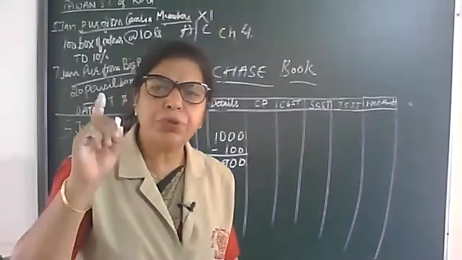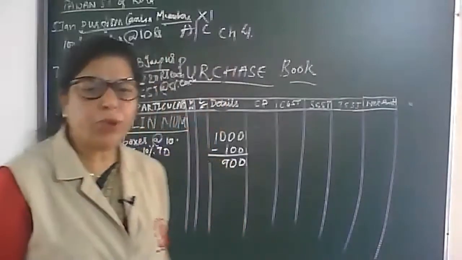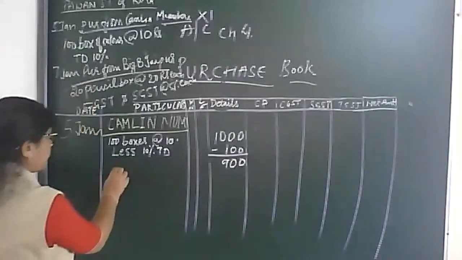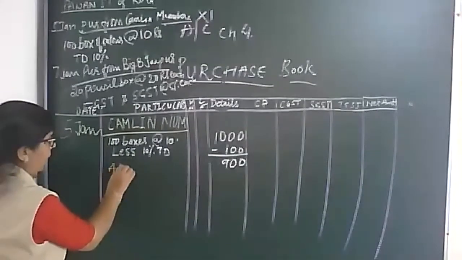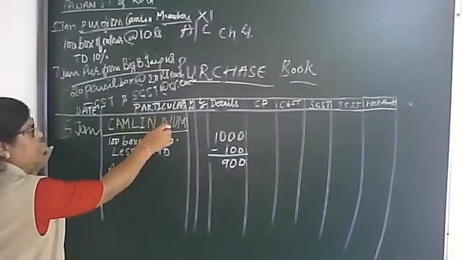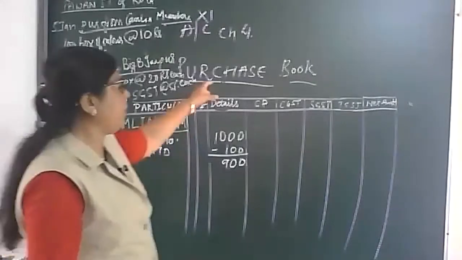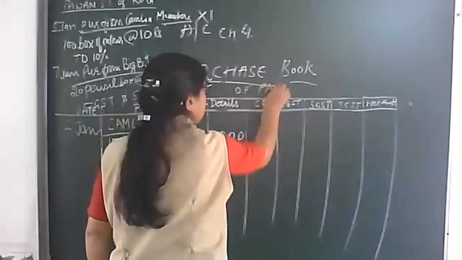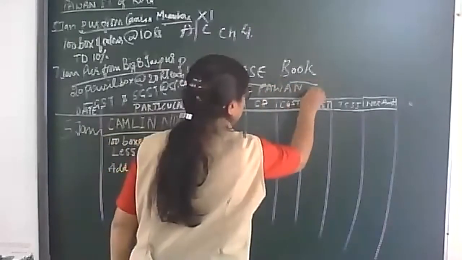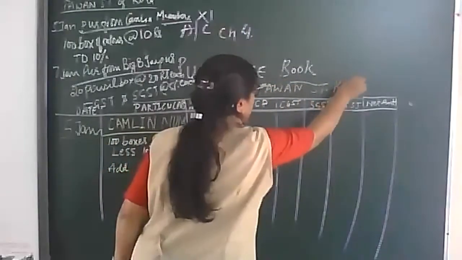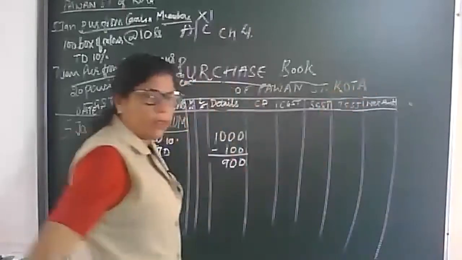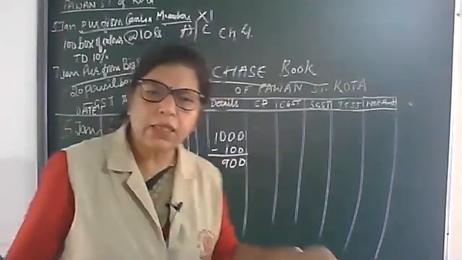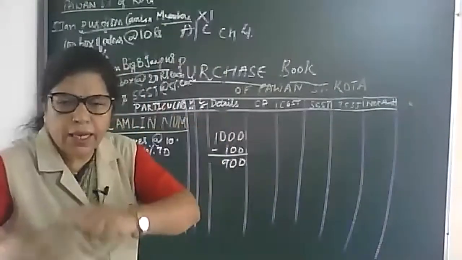Trade discount should be subtracted. Now add IGST, because this is Mumbai and this is the purchase book of Pawan Stationers, Kota. So the states are changing: Kota in Rajasthan, Mumbai in Maharashtra.